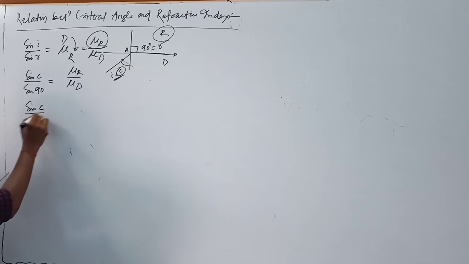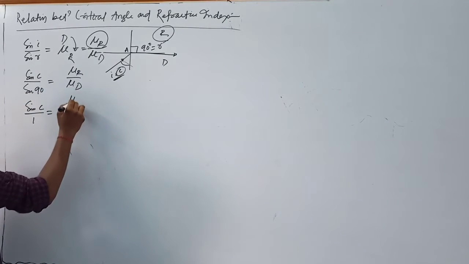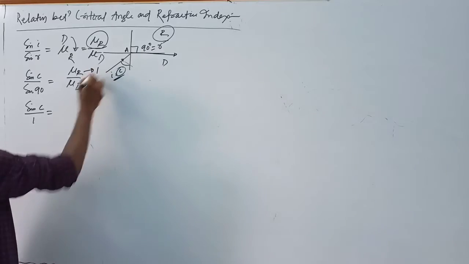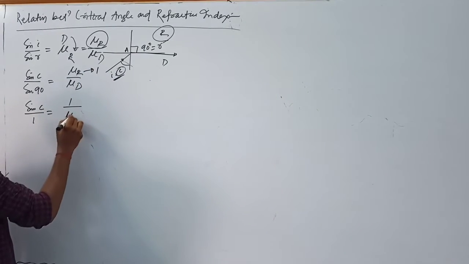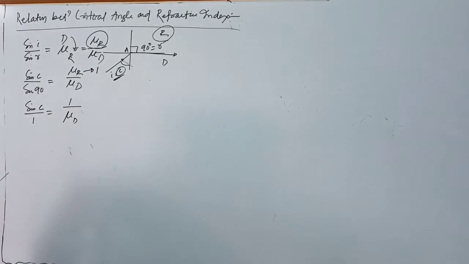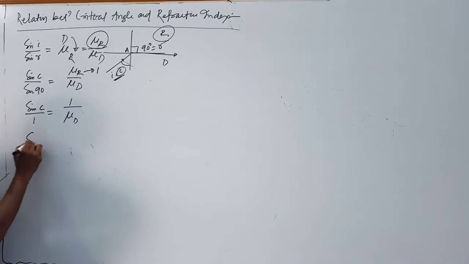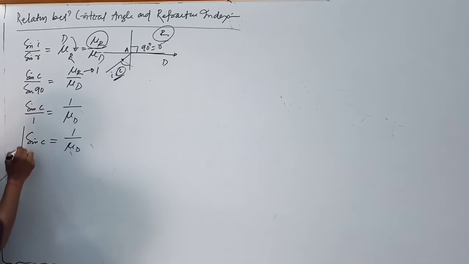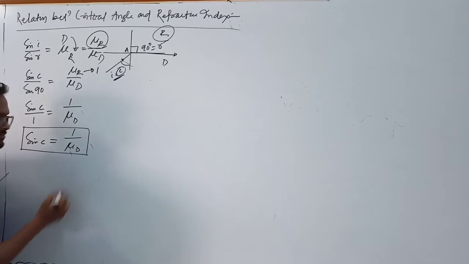So sine C by 1 equals the refractive index of the rarer medium. We all know the refractive index of the rarer medium is equal to 1. So 1 by mu of the denser medium. Clear? Or we can write sine C is equal to 1 by the refractive index of the denser medium.